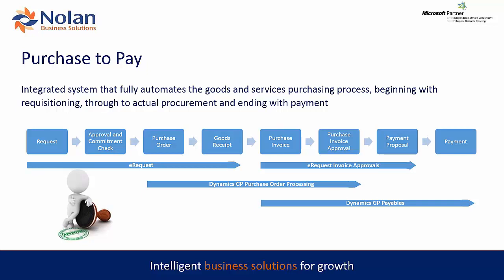The costs supplied by the supplier are different, in which case that could be a good reason also for going through the purchase invoice approval. So we have a rules-based system there where you can define your own rules to say which purchase invoices, under what criteria, should go into purchase invoice approval.